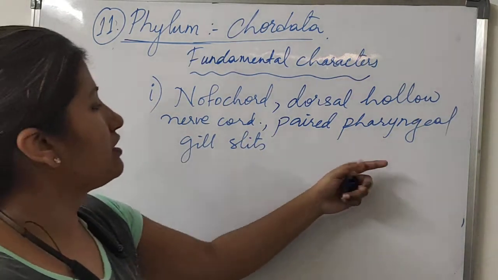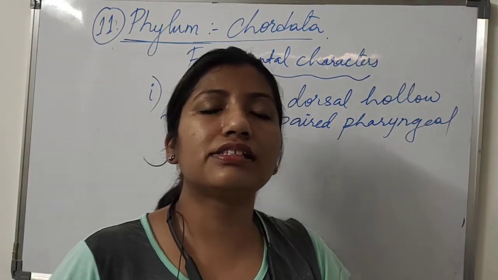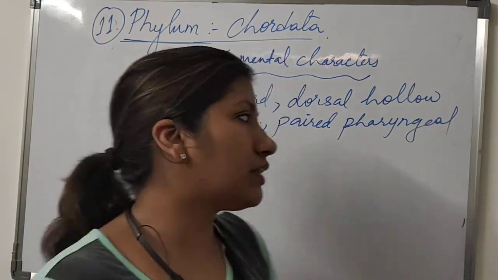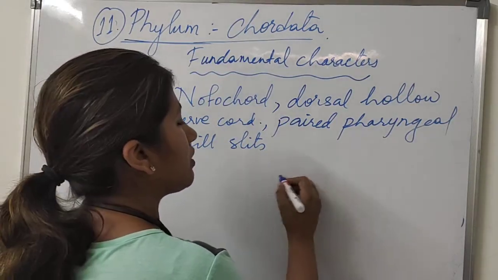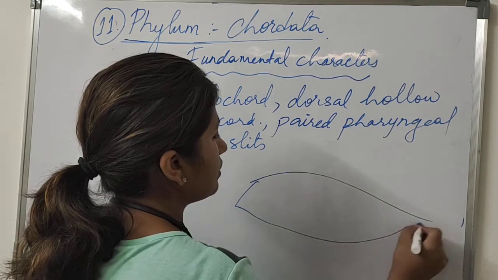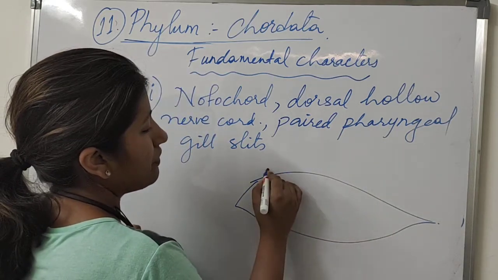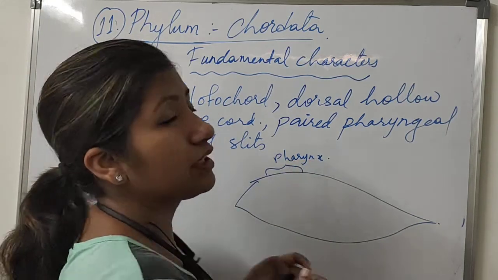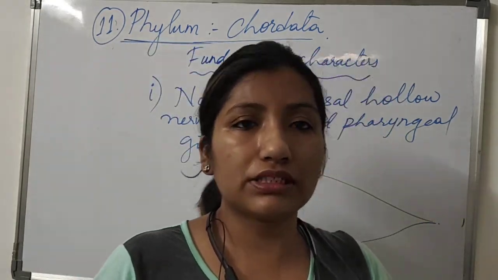So paired pharyngeal gill slits means gills, which you must have seen in fish. They are a slit-like structure. Suppose this is an organism here. Here is the pharynx region. If we are supposed to have gill slits, then where will we have them?